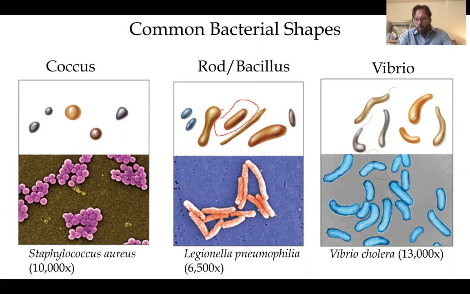And Vibrio here, again, that's bacillus, but it's modified as kind of like a kidney bean shape here. What's this stuff here? What are these things? Flagella? Yeah, ding, ding, ding, flagella. Okay.